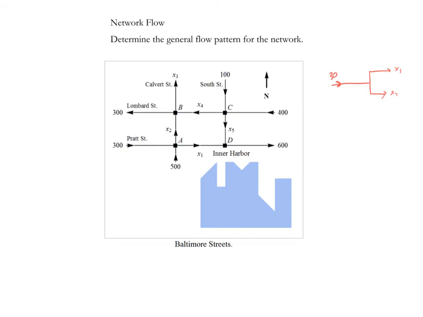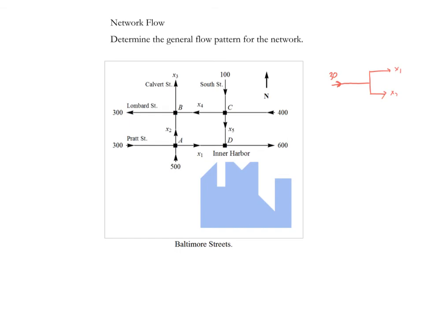Okay, so now getting at this question, we have four different nodes within this network. They're labeled A, B, C, and D, and we need to look at the inflow into each node. So for example, into intersection B, we have an x4 and an x2 flowing into intersection B, and flowing out, we have an x3 and a 300.